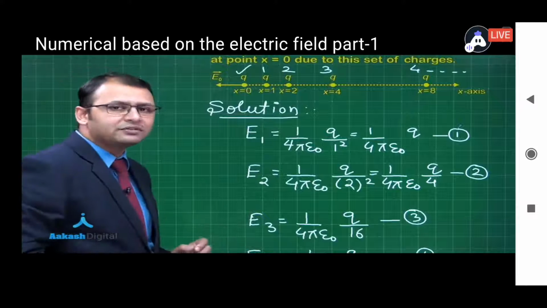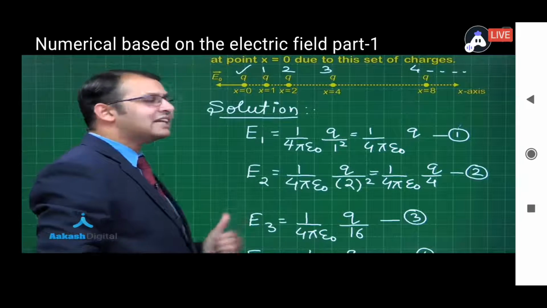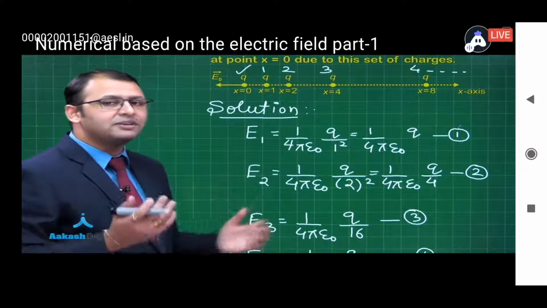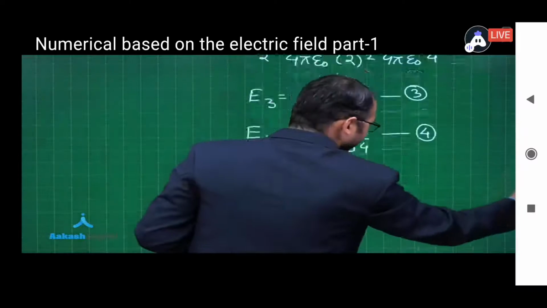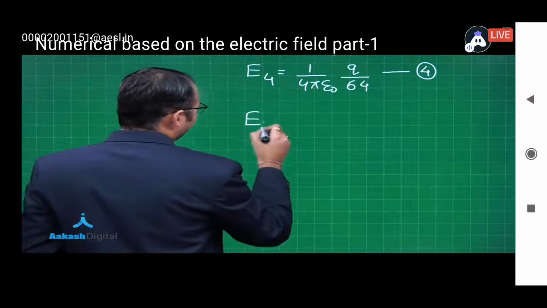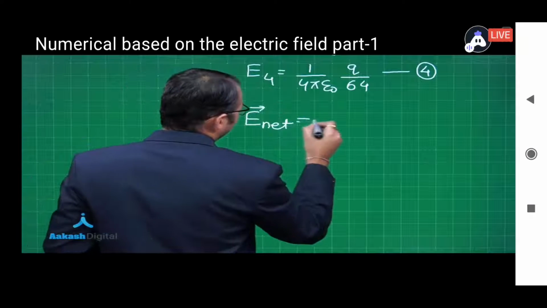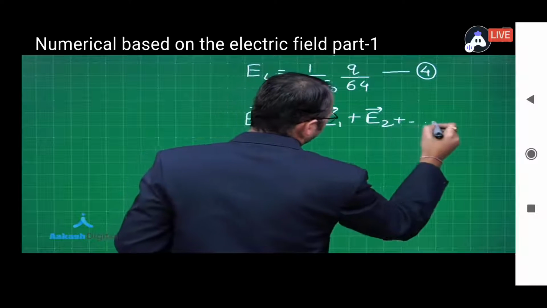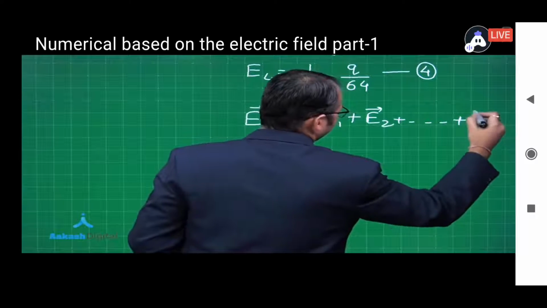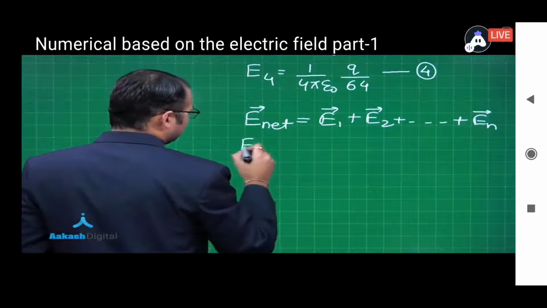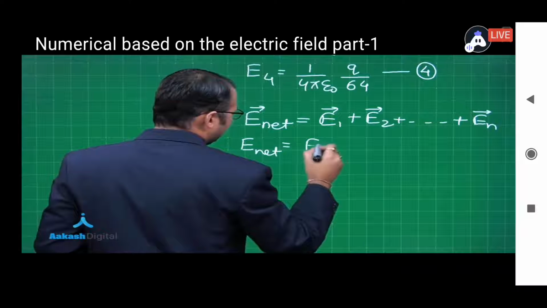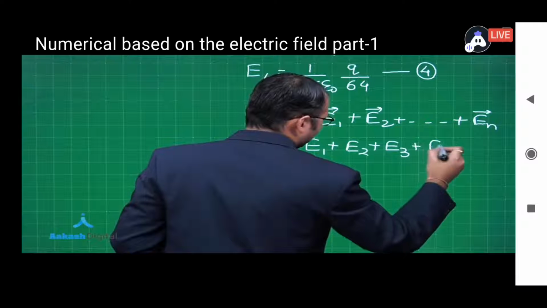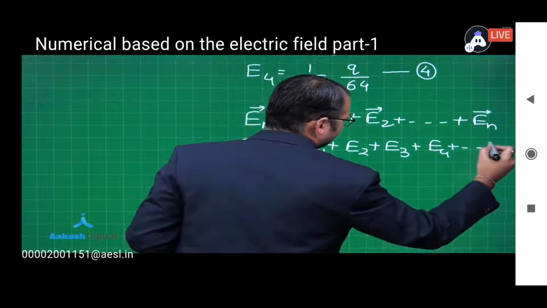Now, all the electric fields are directed towards negative x-axis, as we have already discussed. All the electric fields being in the same direction, they will simply be added. So the net electric field by magnitude would be E net equals E1 plus E2 plus E3 plus E4 till En.